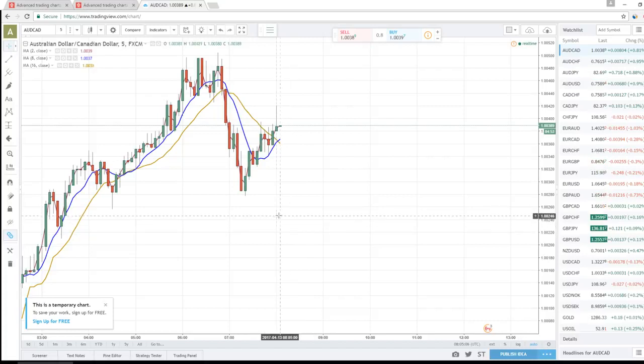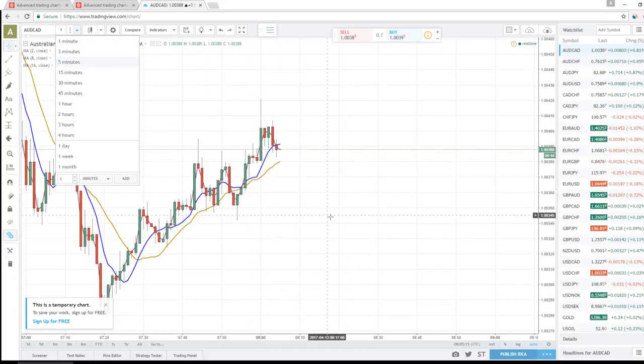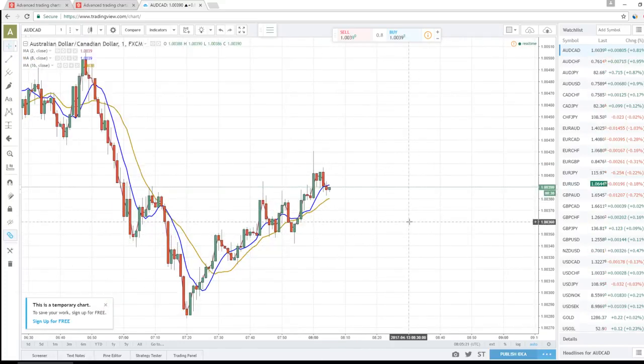So right now we gonna start switching between assets and see what we can do here, what trades we can open.